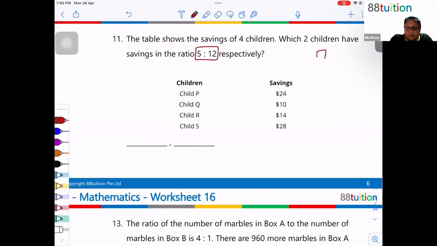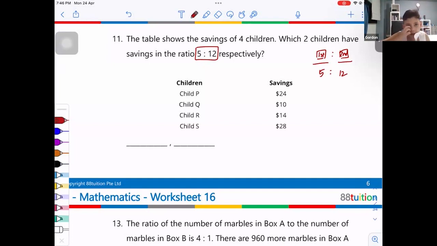The ratio of these 2 children, first child and second child, is 5:12. Now, for it to be 5:12, they must be multiples of 5 and multiples of 12. So in both cases, you can divide or multiply them with the same common number.